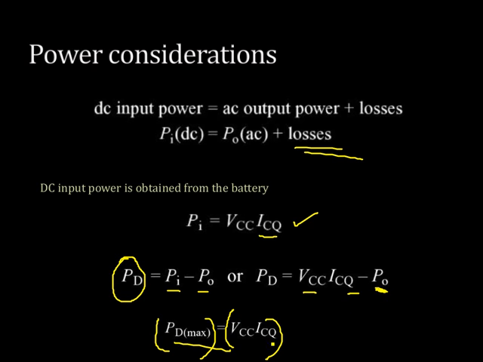So this is the safe power rating of the transistor. When you want to operate a transistor in power amplifier mode, the power rating of the transistor should be equal to VCC into ICQ at least, because it has to dissipate this much power when the AC signal is 0. When it is not handling any AC, PD max will be VCC into ICQ. Okay.